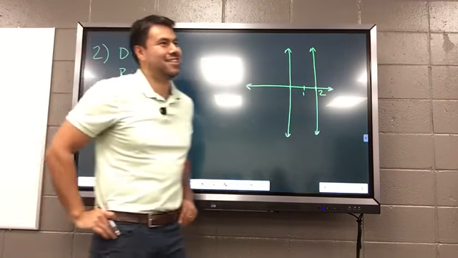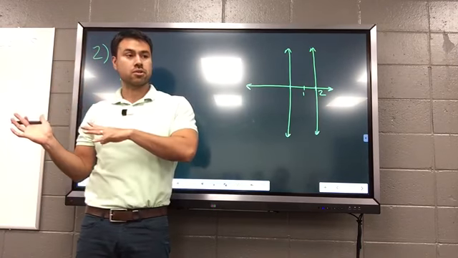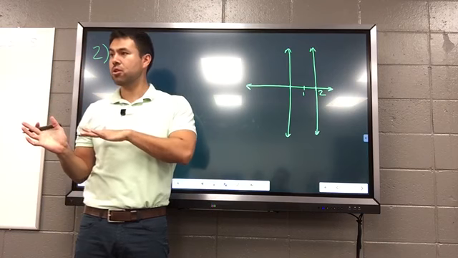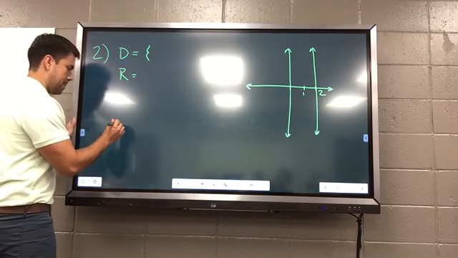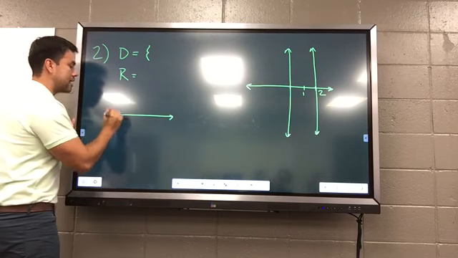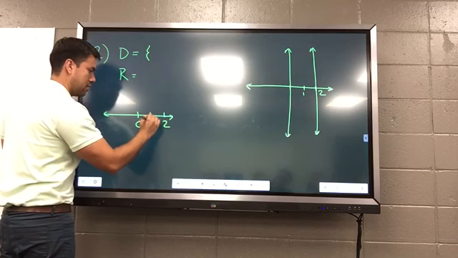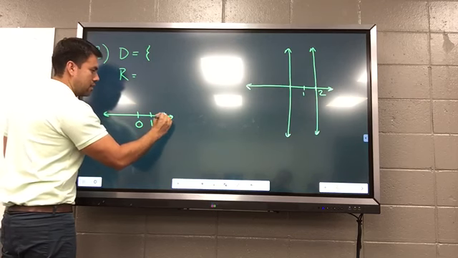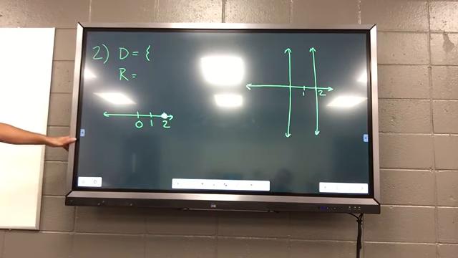I need you to think about last chapter. Do you guys remember set builder? The other class struggled with this, and I totally understand because it's not very easy. Could someone describe this using set builder?